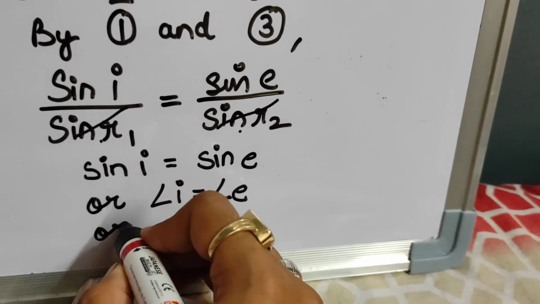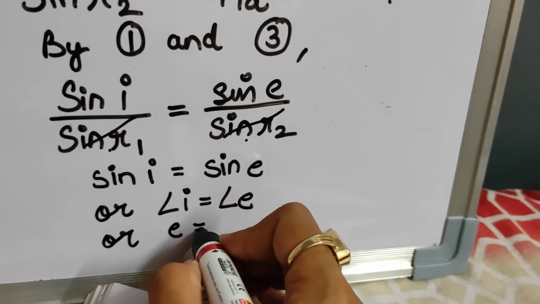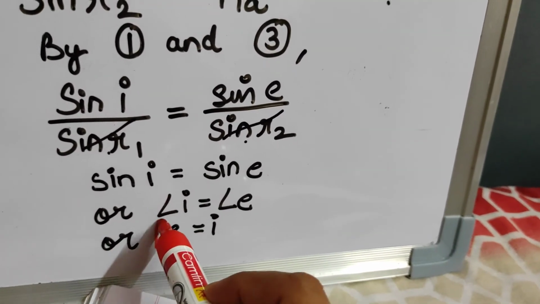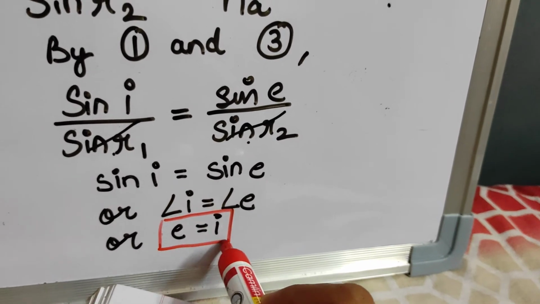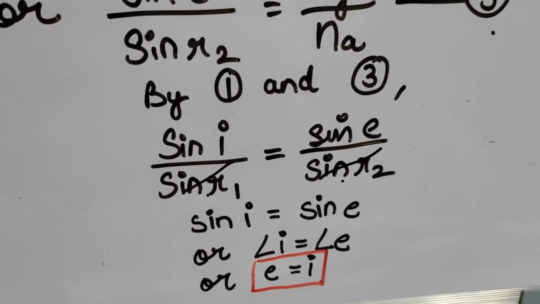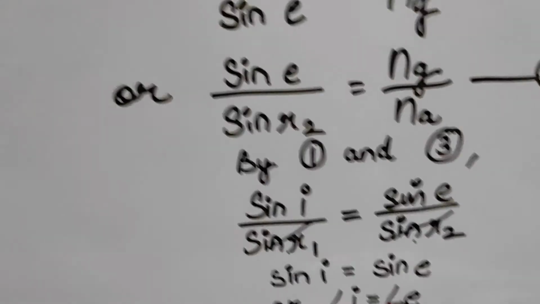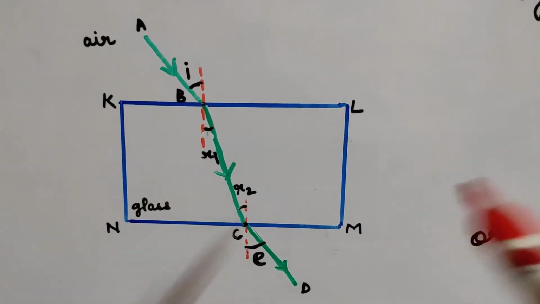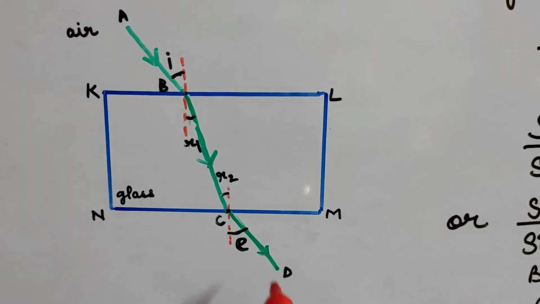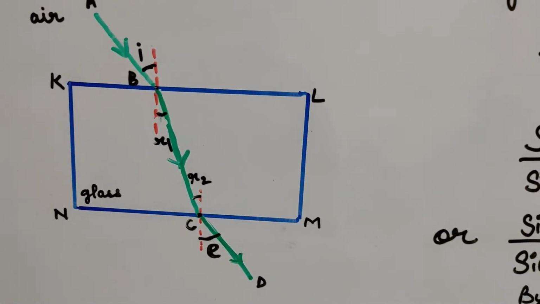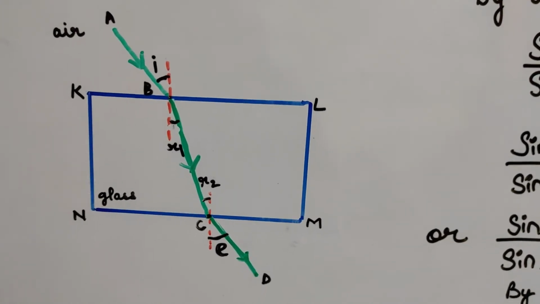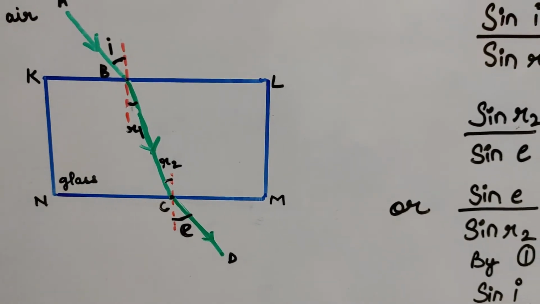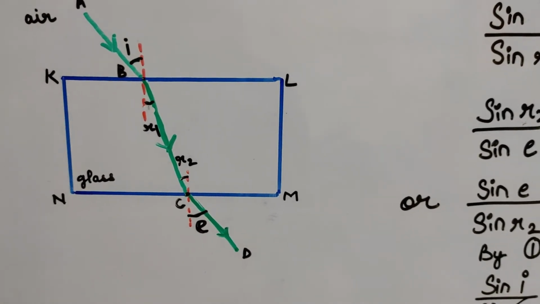So from here we get that the angle of emergence is equal to the angle of incidence. So we can conclude that the light emerges from a rectangular glass slab in a direction parallel to that in which it entered the glass slab.